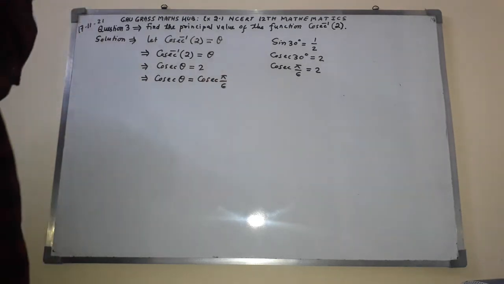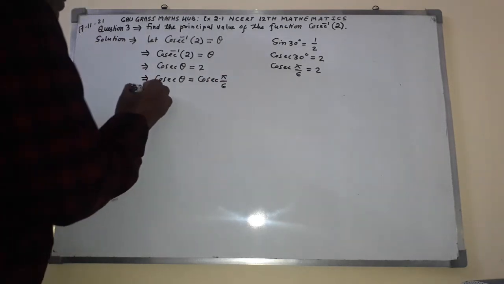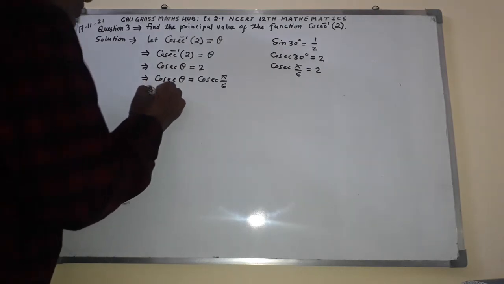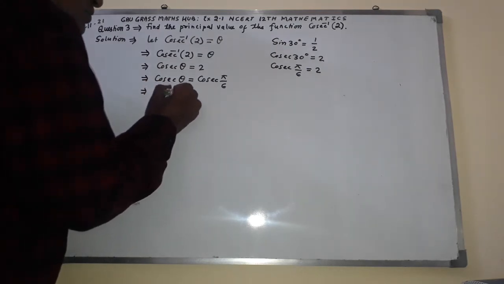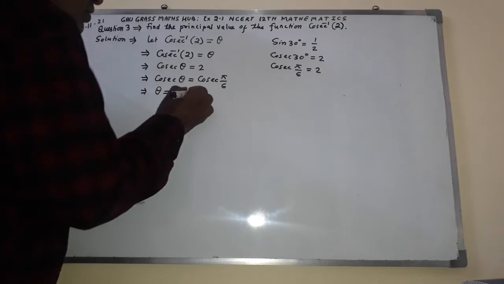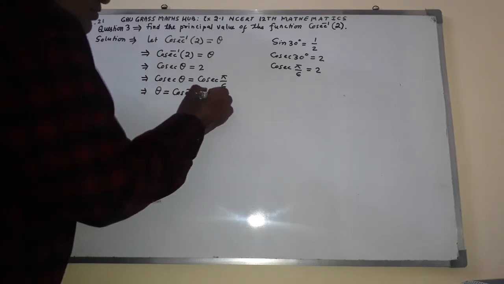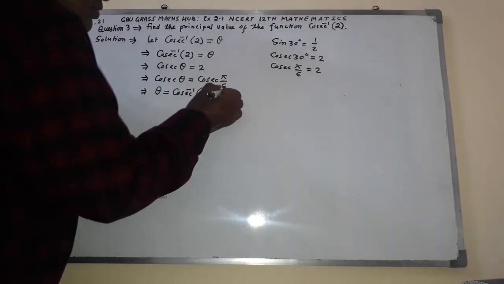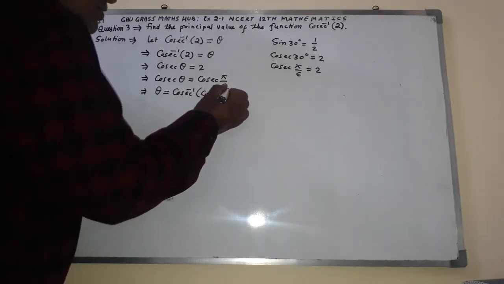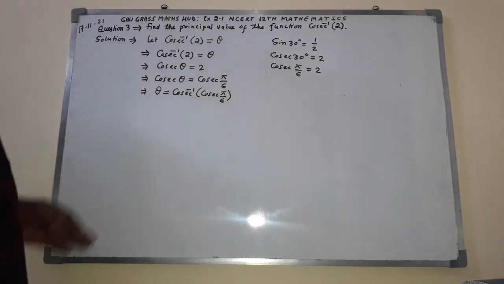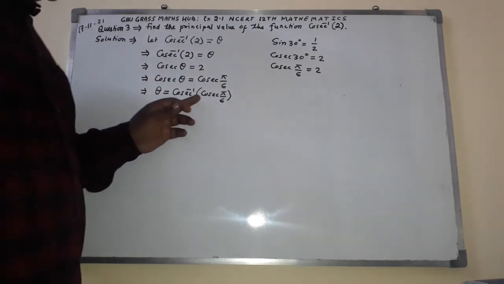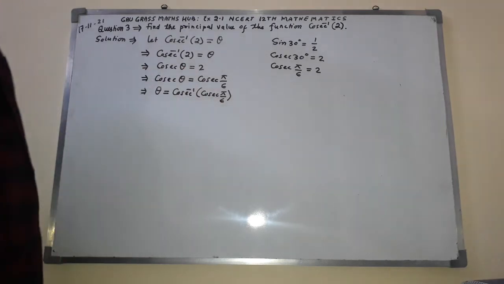Now again I shall write theta equal to cosec inverse in bracket cosec pi by 6 bracket close.